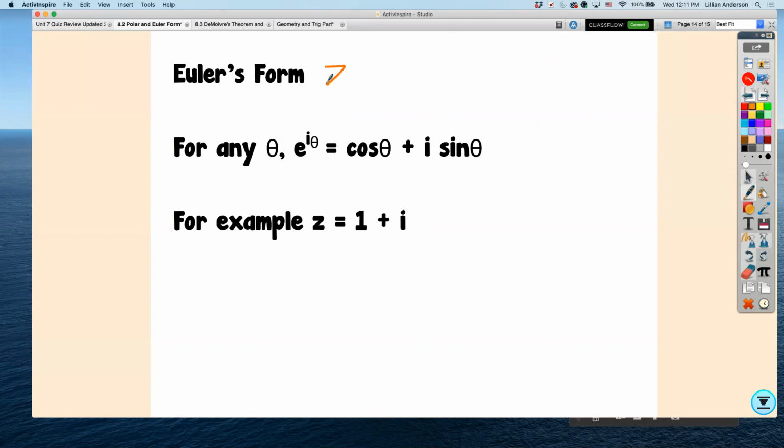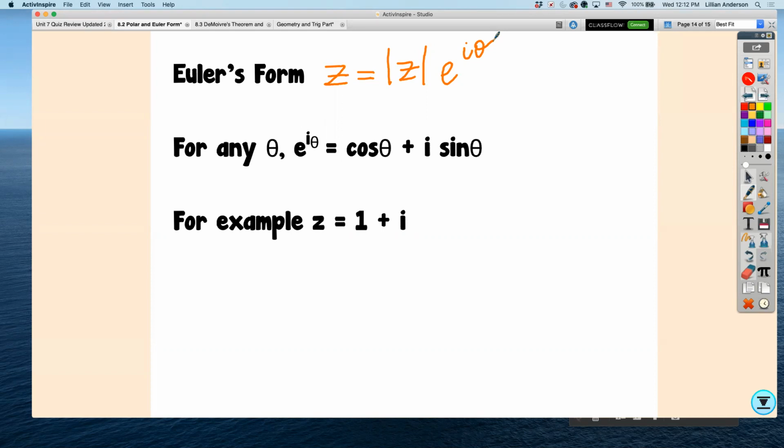How Euler form is written is the modulus times e to the i theta. So it basically replaces the cis theta that we've been working with in polar form.